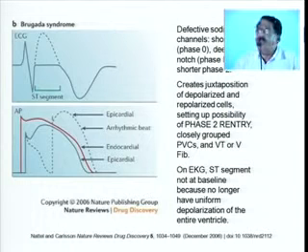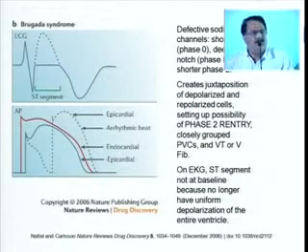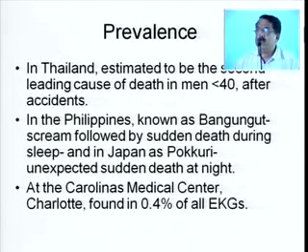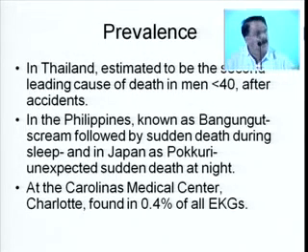It is very common in Thailand and Southeast Asian countries. When several members of the same family below the age of 40 die suddenly, think of Brugada. In India, our study shows it's uncommon. Many people need not have all the typical features of the ST elevation.